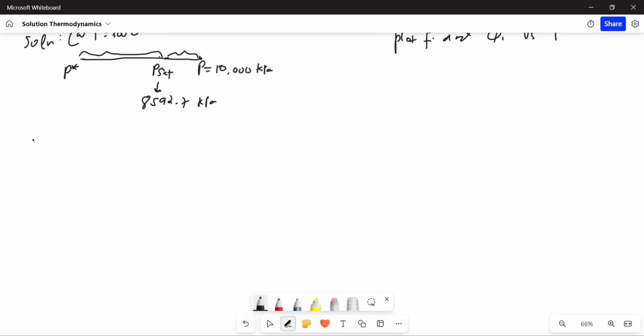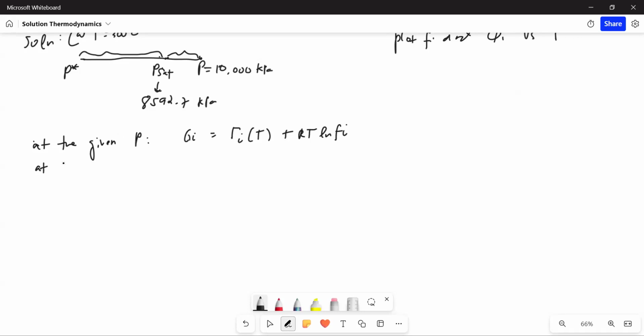One is at the given pressure. Our equation is G sub i equals the integration constant as a function of T plus RT ln f sub i.